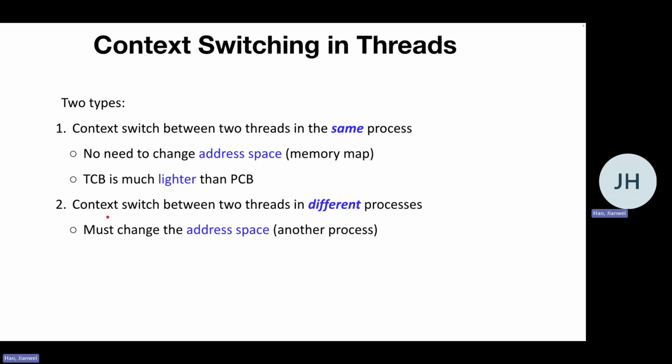And the second type is context switch between different processes. In that case, we must change the address space because the context switching happens on different processes. So that's the process switch.